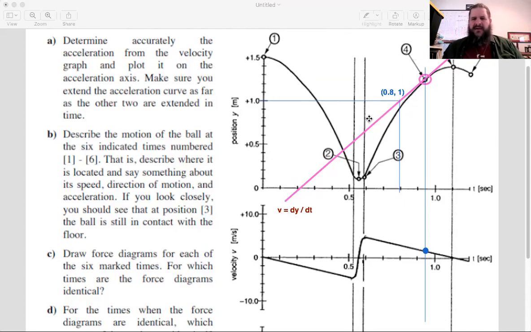In particular, if you take a look at this time, about 0.55 seconds. Right here. Make that thicker. Right here, what do you notice about the slope of the position graph there?